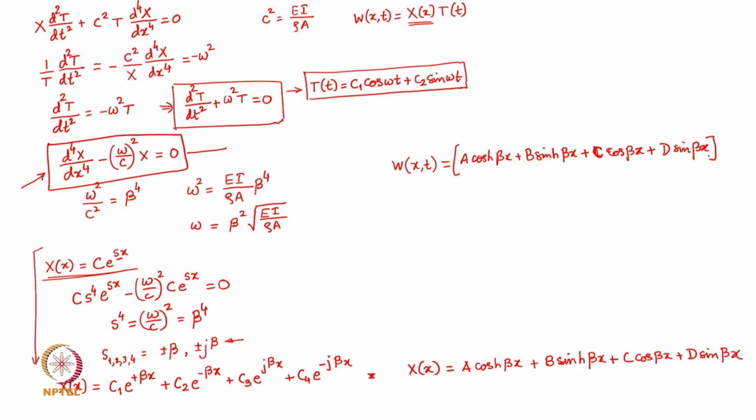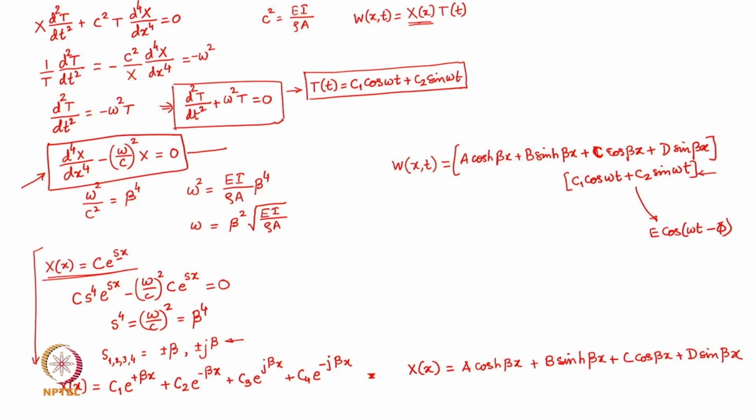This is the function in x, and of course to be multiplied by the time function. So maybe c1 cos omega t plus c2 sin omega t. In fact, we all know that this entire bracketed quantity can also be written as E cos(omega t minus phi). That's another alternate form of writing this particular bracketed quantity, right?